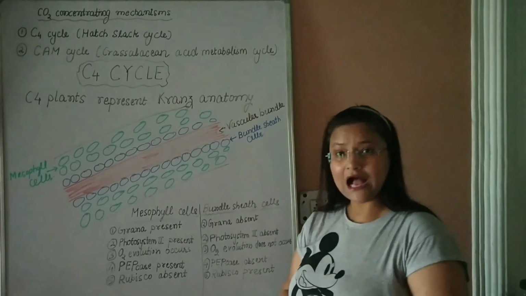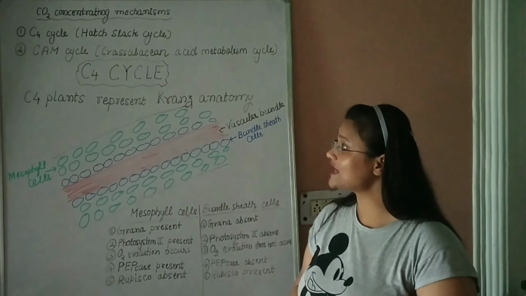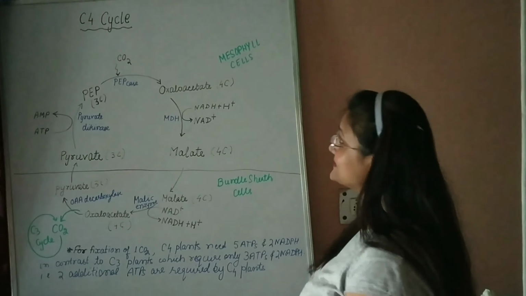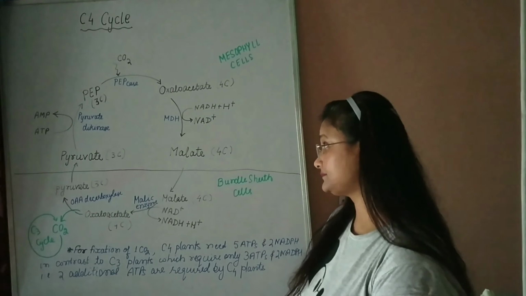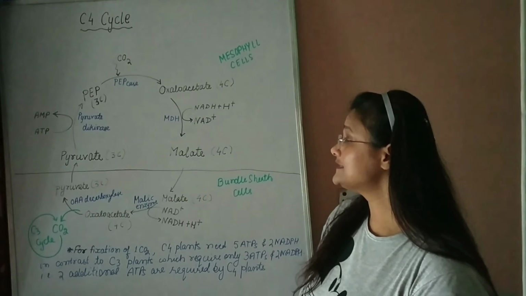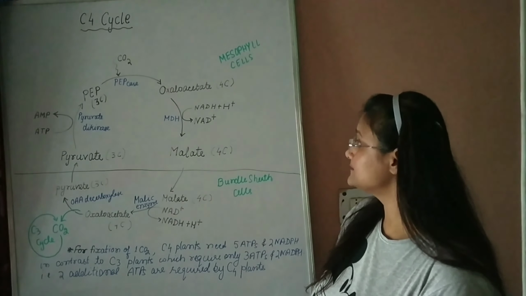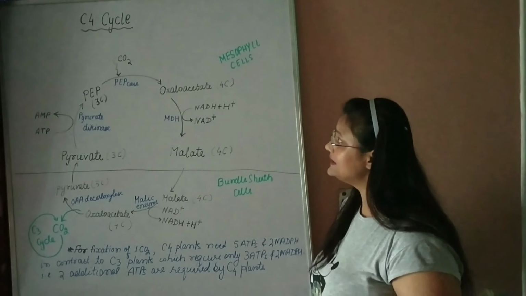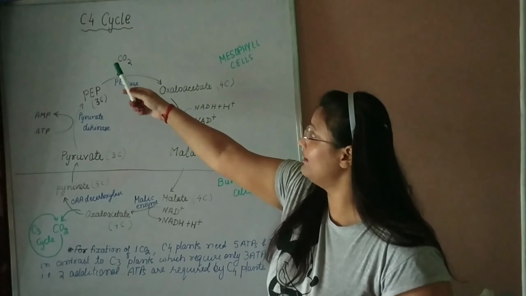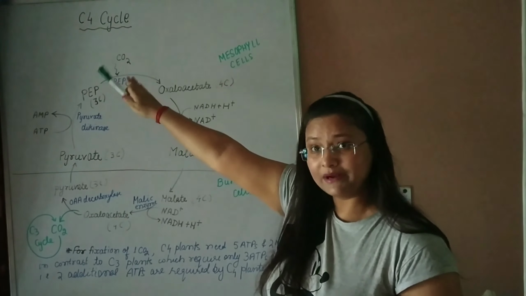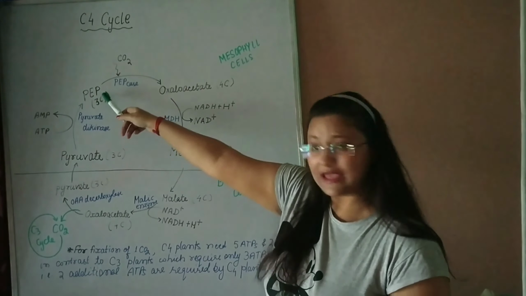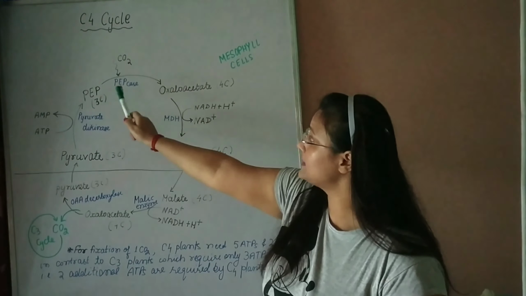Now let us see how exactly C4 cycle operates. So now let us understand C4 cycle. In C4 cycle, basically what happens is, the first step is carboxylation step. As the name indicates, it will add a carbon atom to the compound. So PEP, phosphoenol pyruvate, is a 3-carbon compound.